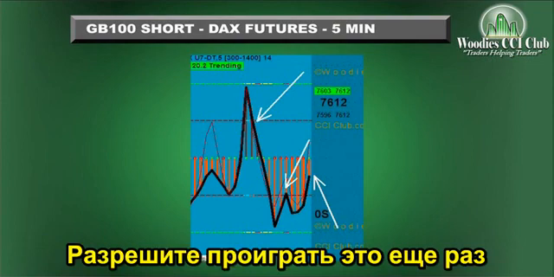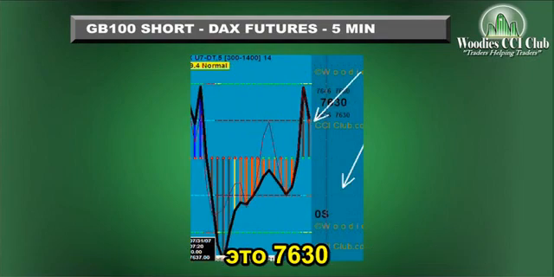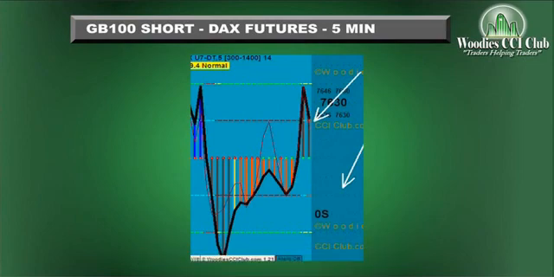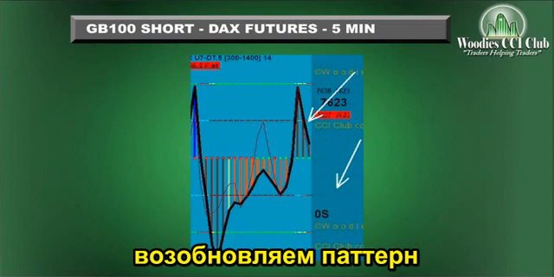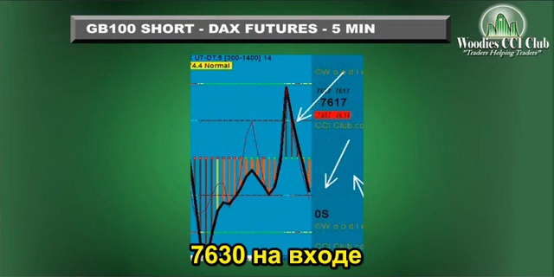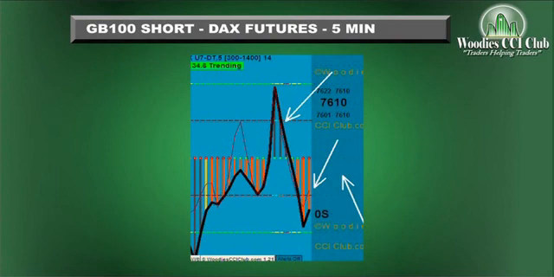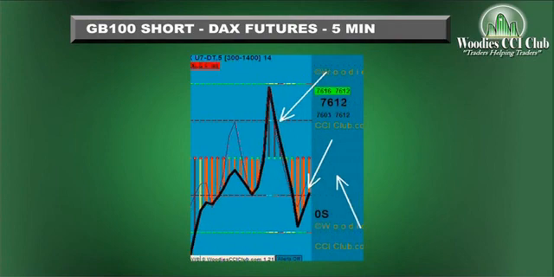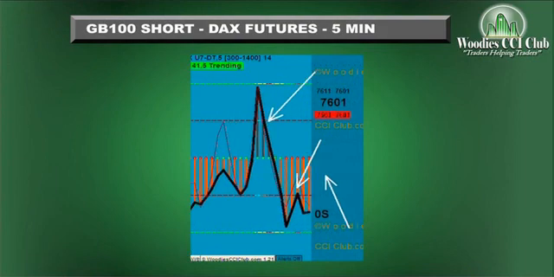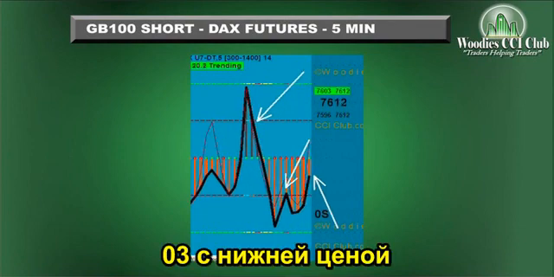So let me play that again, and we can take a look. We're in at 76.30 was our entry on bar close. And I'll start the pattern again. 76.30 was the entry. Here is 23. 22. 17. 10. 03. 03 was the low.